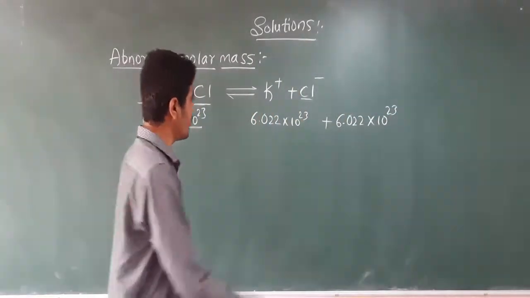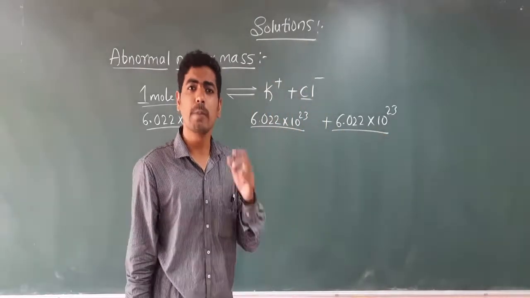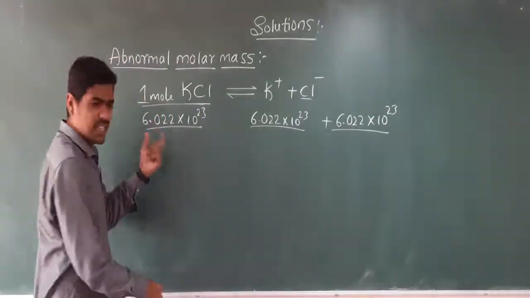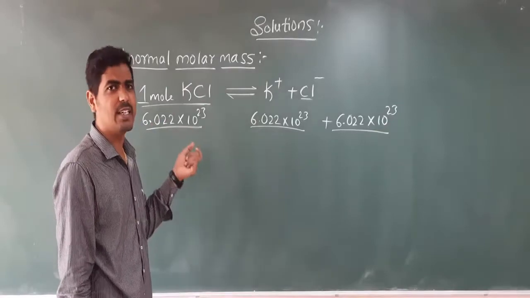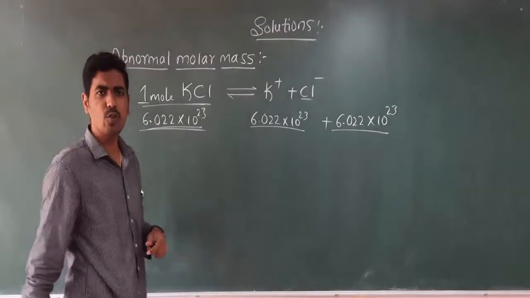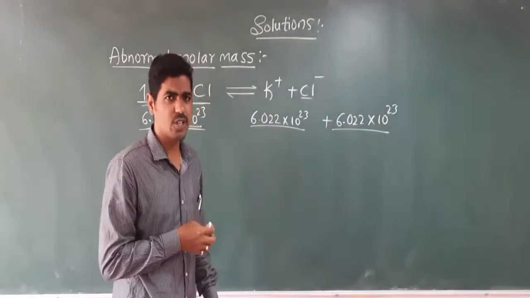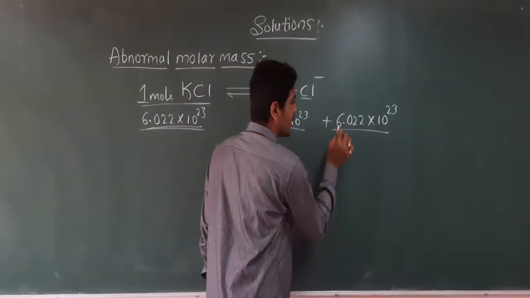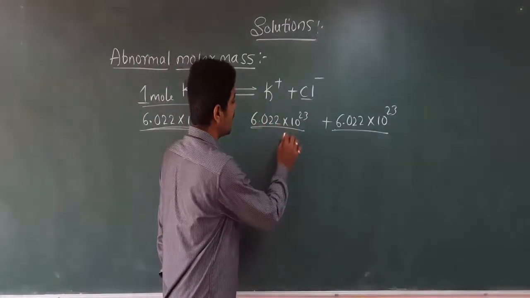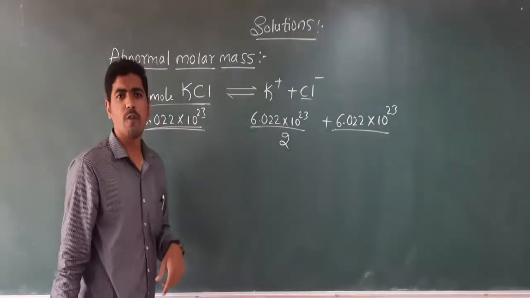So this many K+ ions and this many Cl- ions will be formed upon dissolving in water. That means initially, before dissolving in water, the number of KCl particles is 6.022 into 10 raised to 23. Then if they undergo dissociation, the number of particles increases. It becomes nearly twice the initial value.